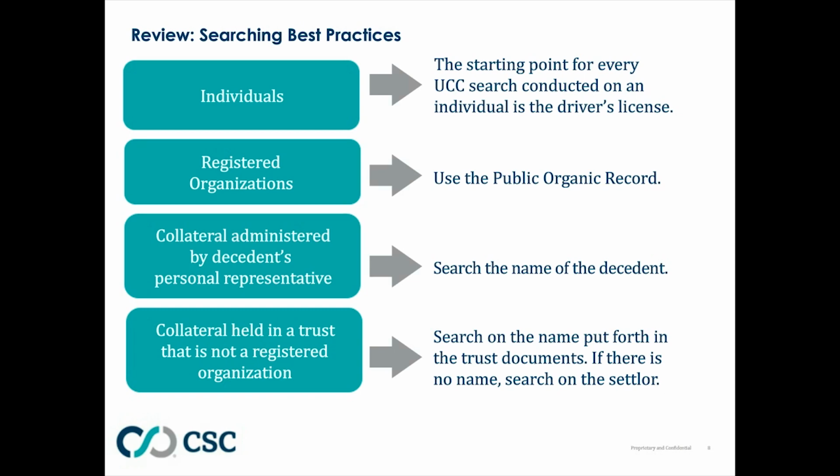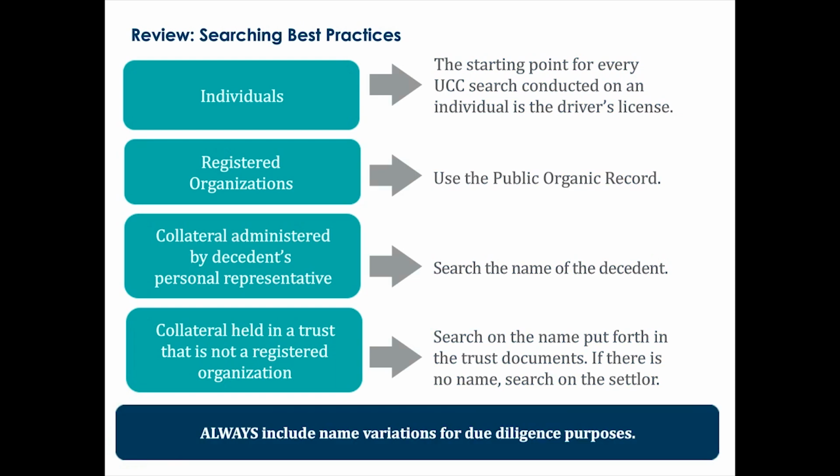If there isn't a name in the trust documents, you want to search on the settlor. And then also, very important, you want to include name variations for due diligence purposes. This is important because sometimes you have exact hits and then you have similar names, and you just want to make sure you have the full scope of names, name types for your due diligence search.